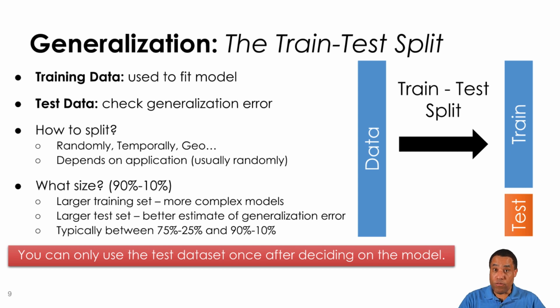Now, very important is that you can only use the test data set once you've decided on the model. So we set aside that test data. We do all our fitting of our model only using the training data, and then we use the test data after we've shipped our model. Right?